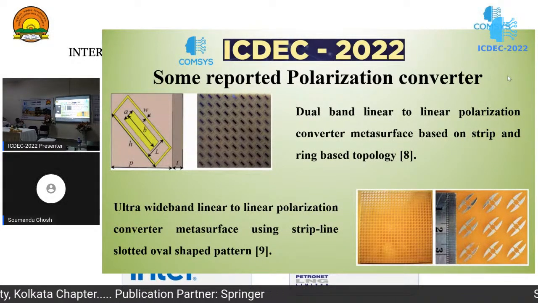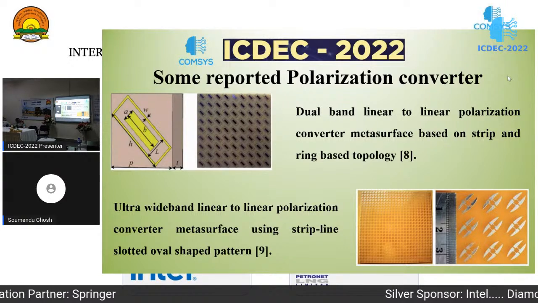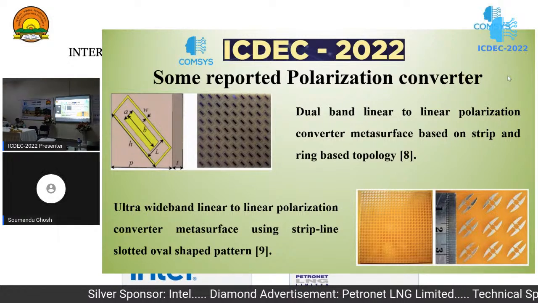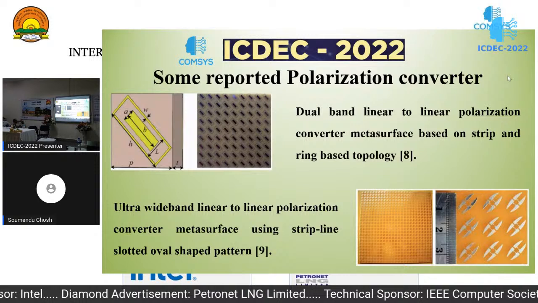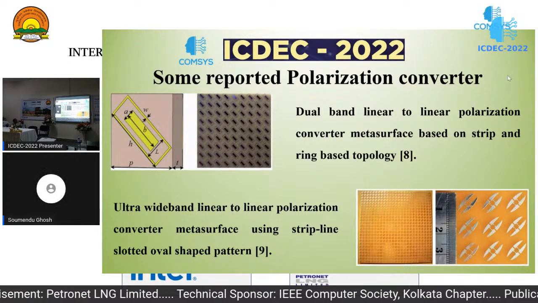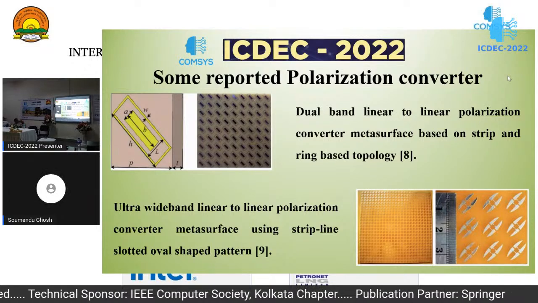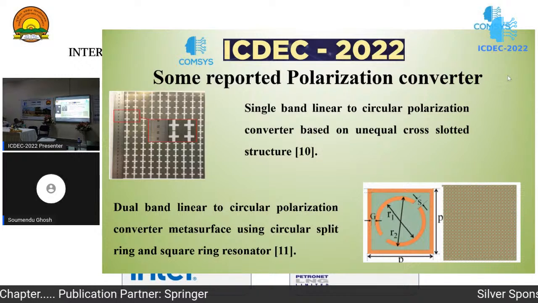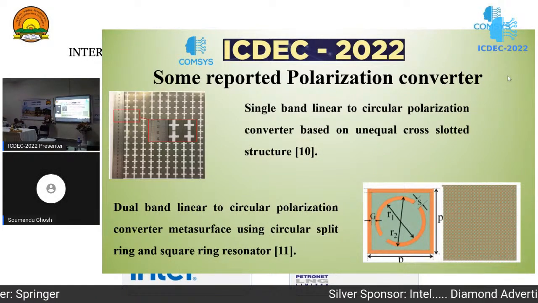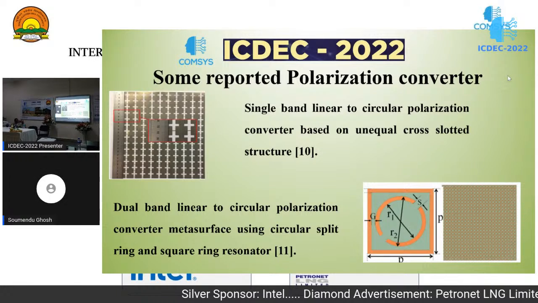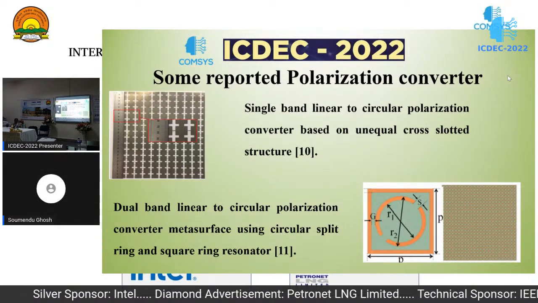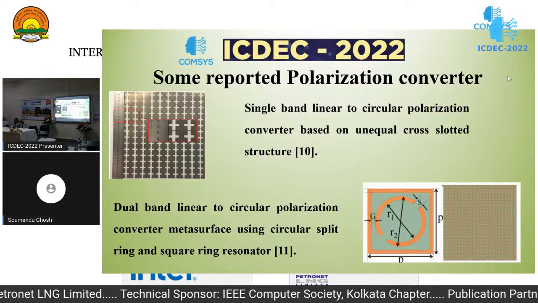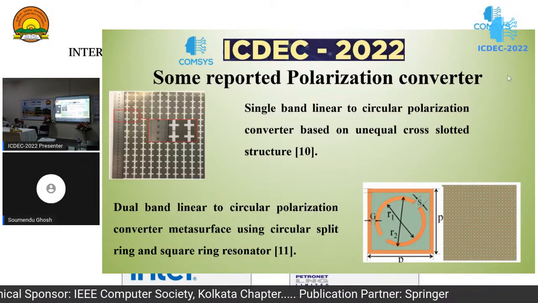This is some reported work on polarization conversion. Firstly, a strip and ring topology was proposed by an author for dual band linear polarization conversion. Later on, more recently, an alternative converter was proposed using an open-ring structure. After linear to linear polarization, there are some proposed conversions called linear to circular polarization conversion. A converter was proposed for single band linear to circular polarization conversion, and later on, dual band linear to circular polarization conversion was proposed based on a square ring and split ring.